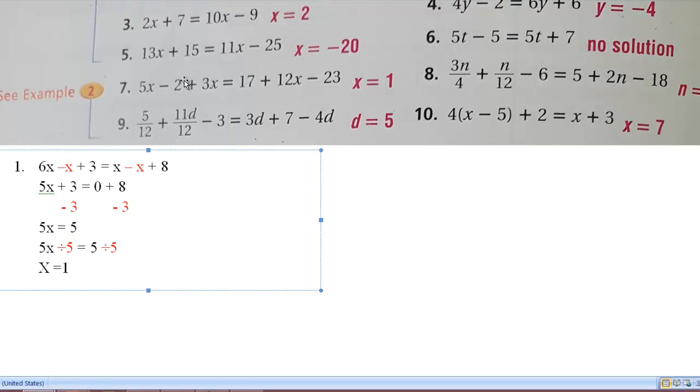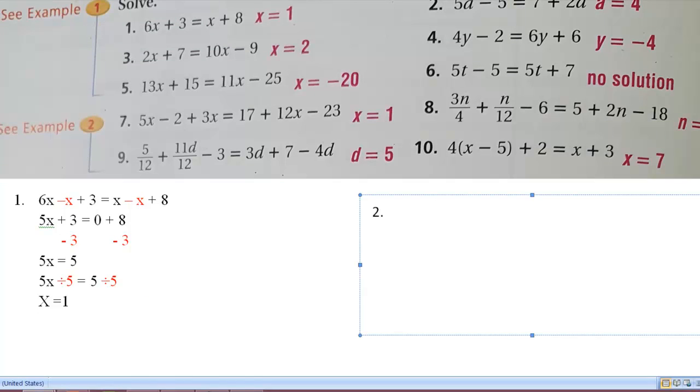Let's check question 2. We have 5a minus 5 equals 7 plus 2a. We want all the variables to be on one side. What is the smallest variable? It's 2a. Here 2a is positive, so we will subtract 2a from both sides.